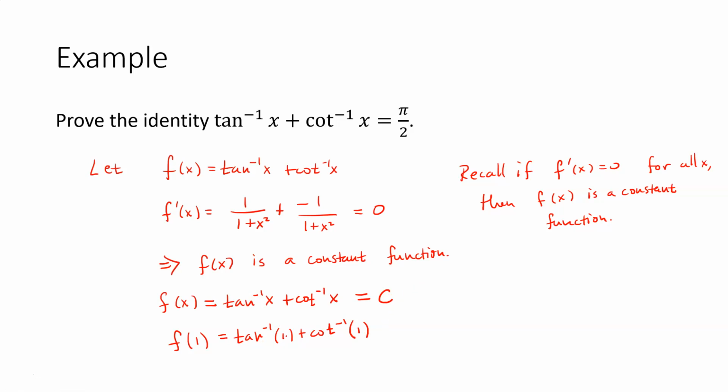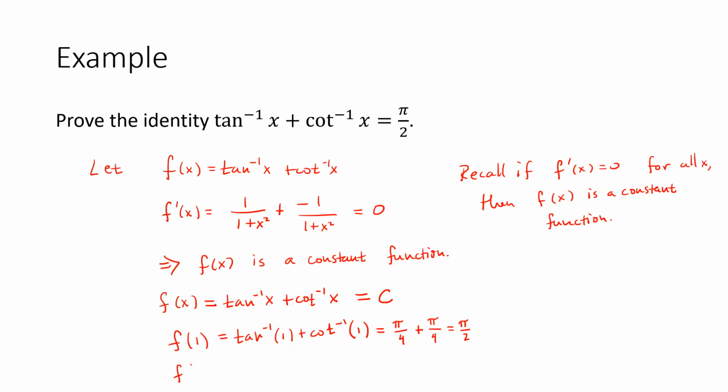So we know that tan inverse of 1 will equal pi over 4. And we know that cotangent inverse of 1 actually is also equal to pi over 4. So that gives us pi over 2.